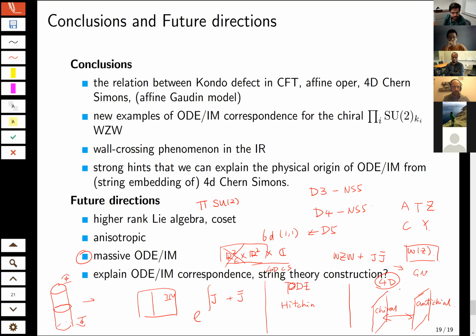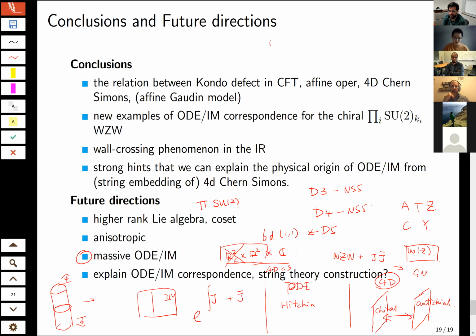I have a simple question. What was the original motivation for this ODE-IM correspondence? Like, why did it come about? So I'm not exactly sure. I think it's coming from studying the spectral theory of ODEs, and they define some object called the spectral determinant.